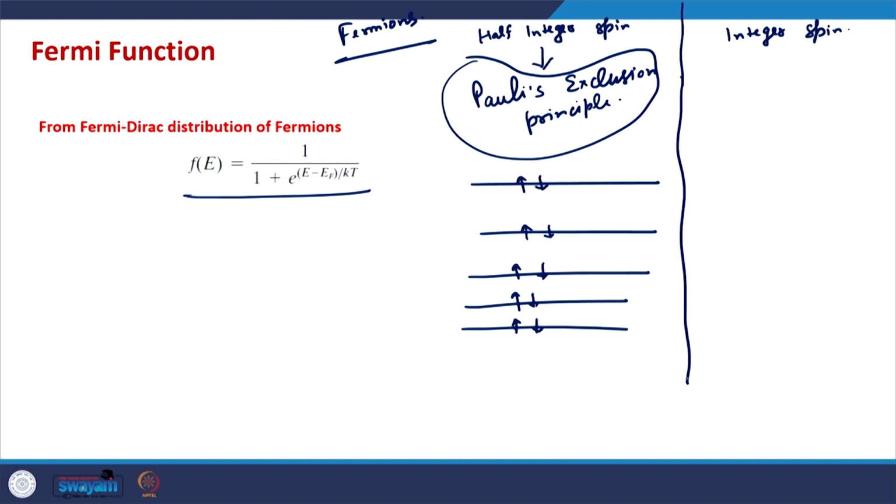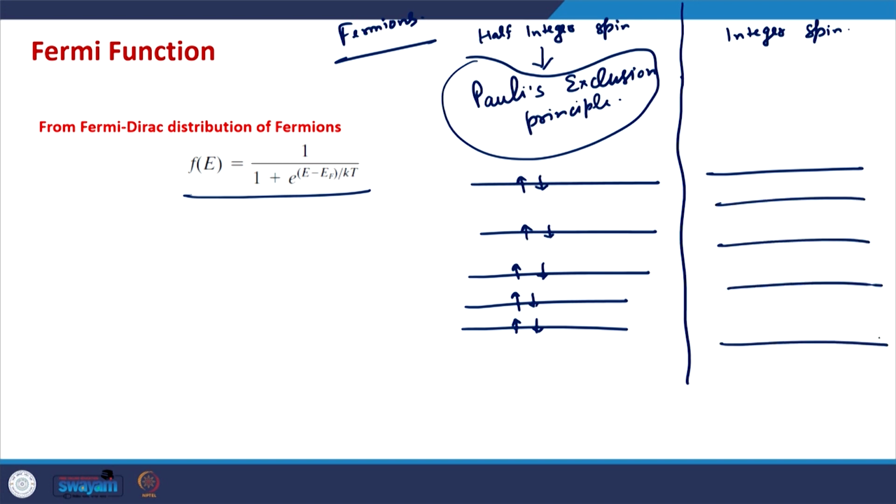However, for bosons, if these are the discrete energy levels, many particles can exist in a single electronic state. Generally at room temperature, some of these particles are in higher energy states.